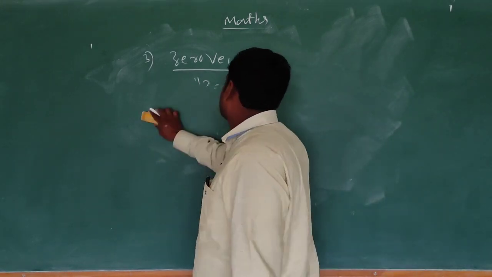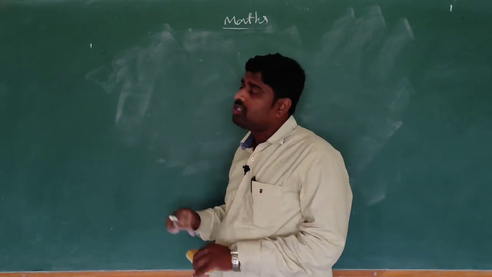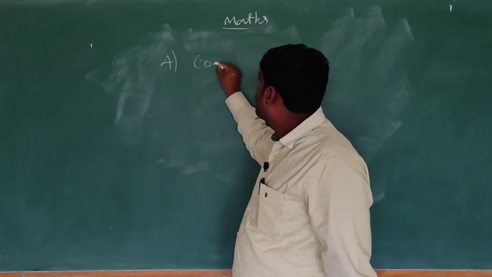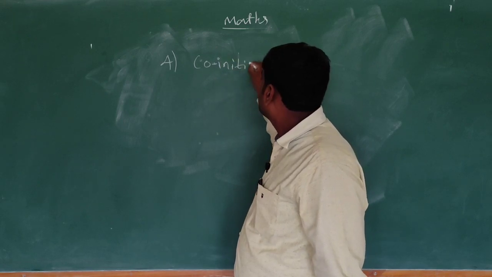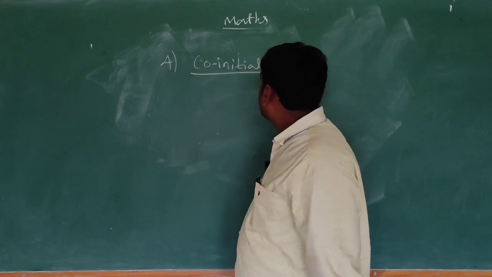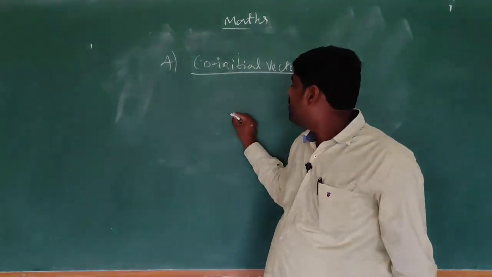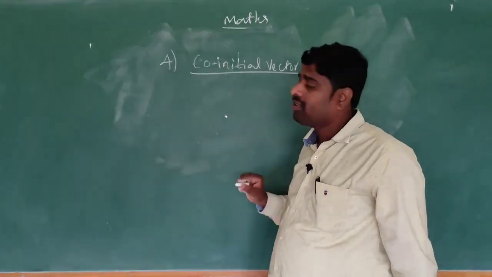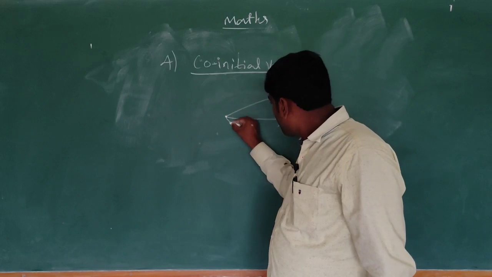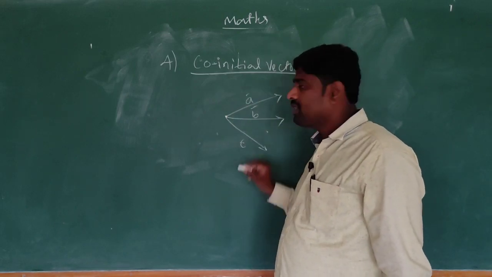Next, the fourth type, that is the coinitial vector. Coinitial vector. See, this is one point. Now this is A bar, this is B bar, this is C bar.